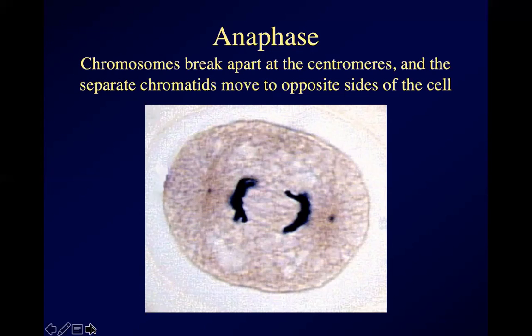There on the left and the right, you can see those very small blue specks. That's the centrosomes. And those 2 dark blue masses that you see are masses of chromatids that are being pulled to opposite sides. So every chromosome breaks apart at the centromeres, and each of the separate chromatids is pulled to opposite sides of the cell.